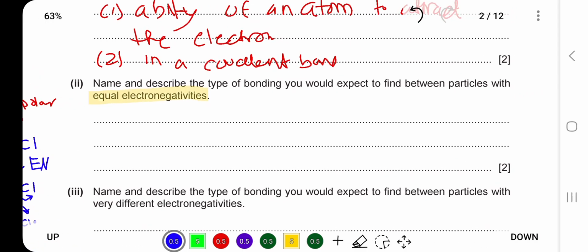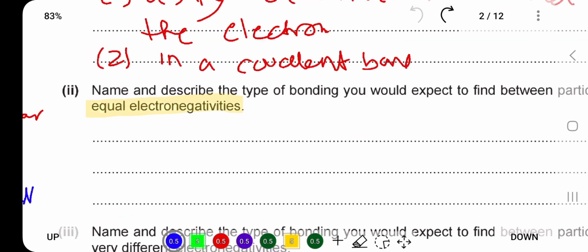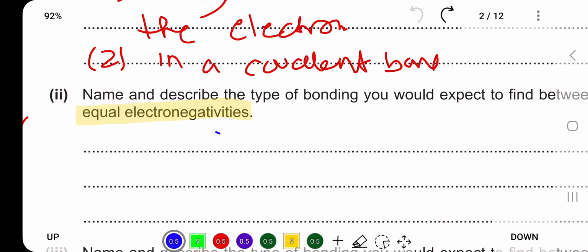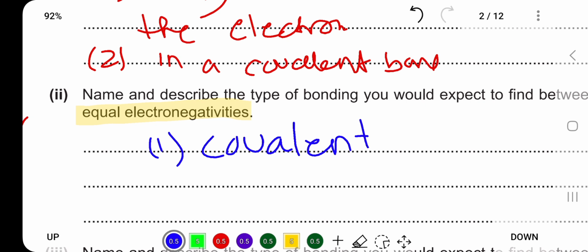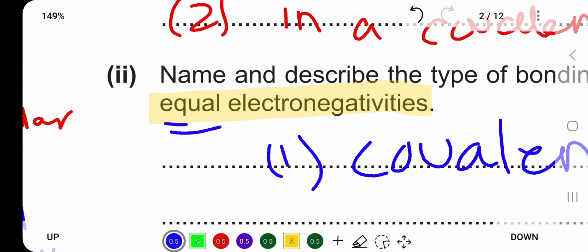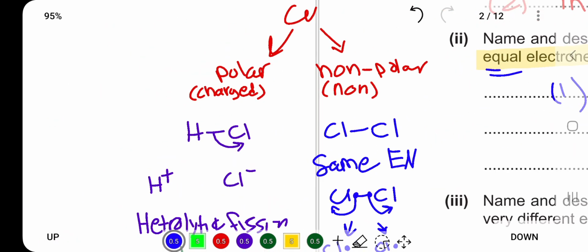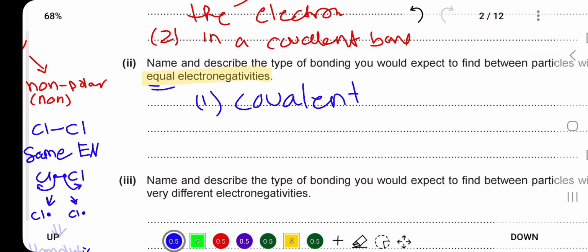Alright, and now on this question, since they are asking about the type of bonding, first you're gonna say it is a covalent bonding. Why? Because basically only covalent bonding can equally share the electrons, which has equal electronegativity, like Cl2.